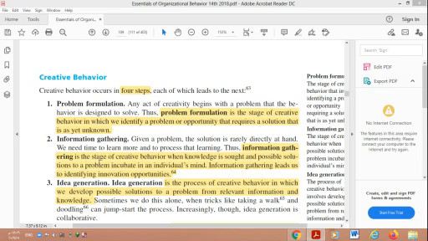It is the stage when knowledge is sought and possible solutions to a problem incubate in an individual's mind. Information gathering leads us to identify the innovation opportunities. So here we have knowledge related to solving this problem.